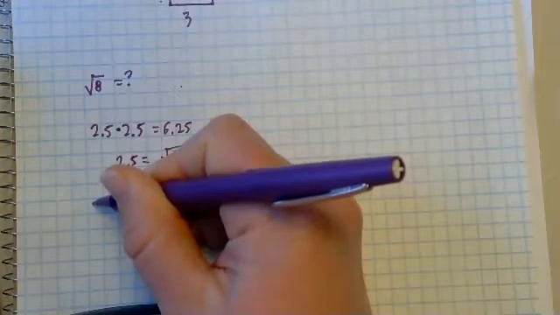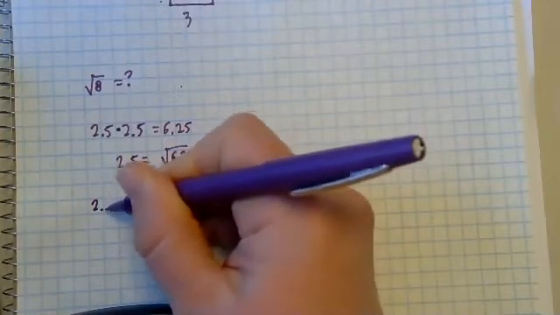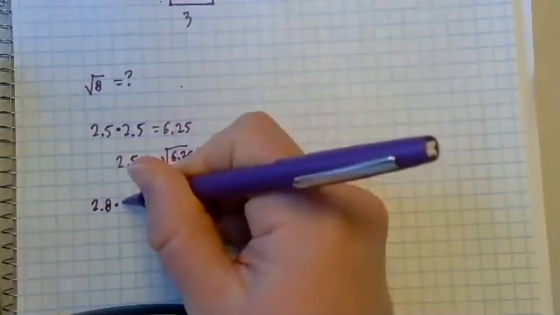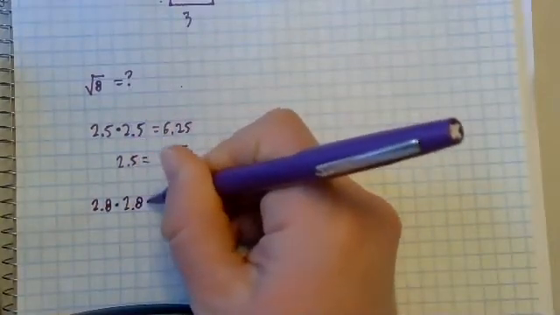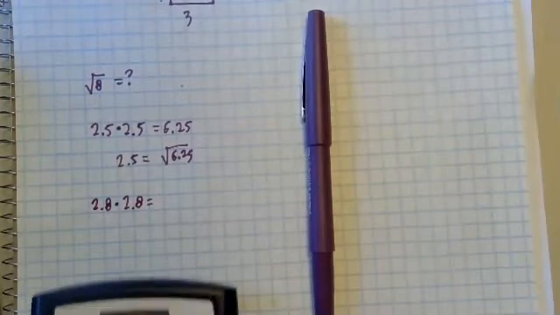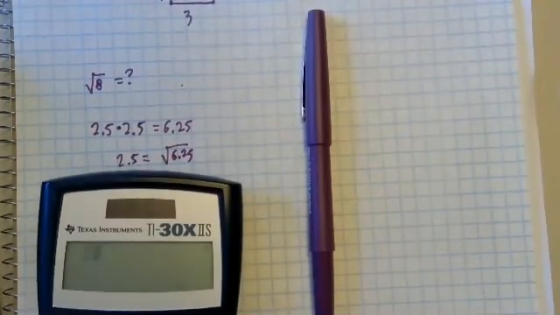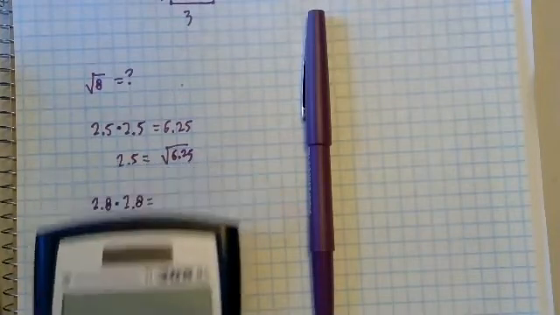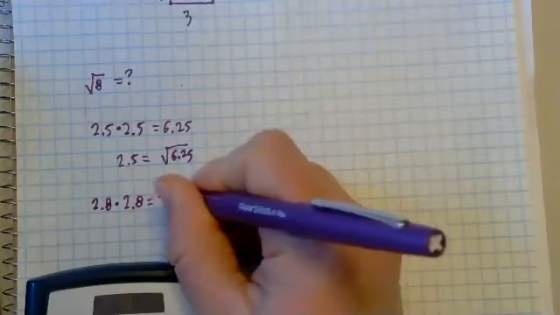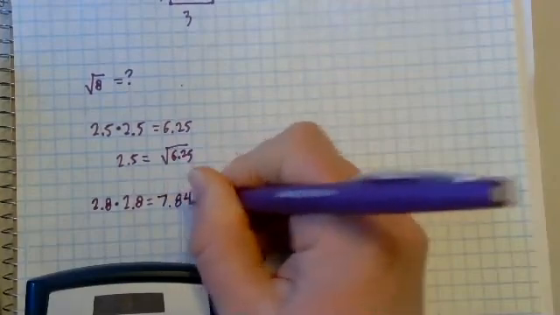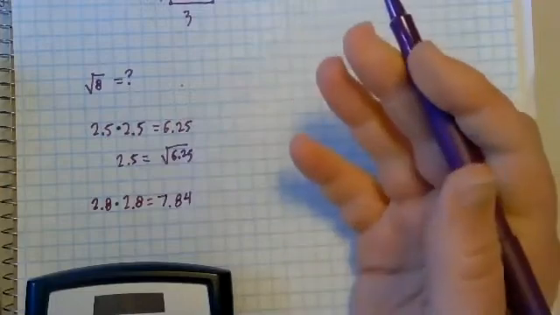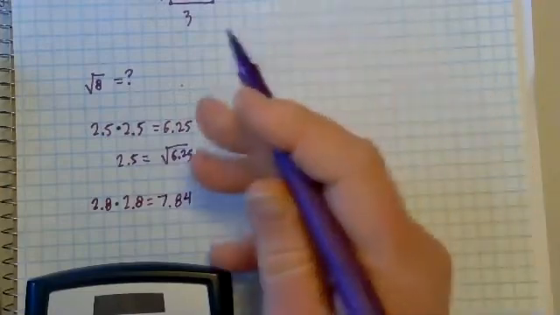So I'm going to try 2.8. I've just picked something between 2.5 and 3, and I'm going to guess and check again. 2.8 times 2.8, and I get 7.84. So I found another kind of interesting decimal square root situation, but it isn't exactly what I need.